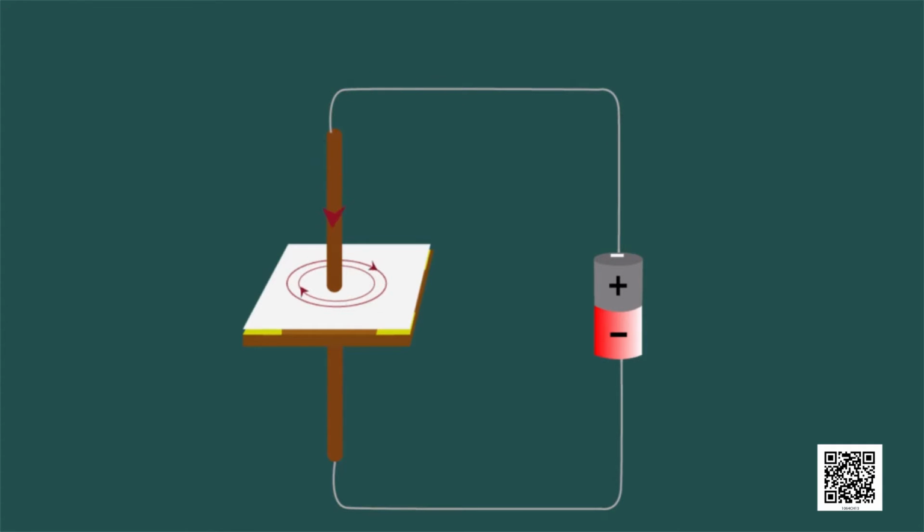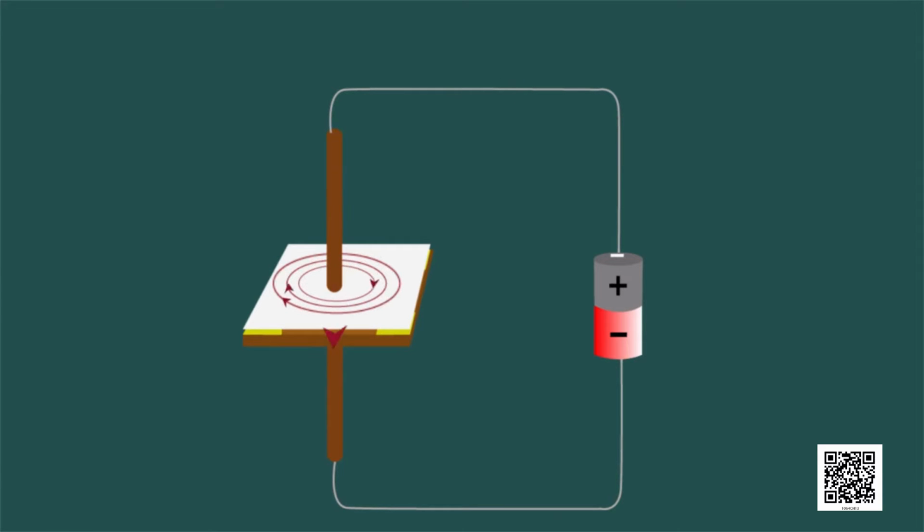To determine the direction of magnetic field lines, we can place a compass at any point over a circle. Observe carefully the direction of the needle. The direction of the north pole of the compass needle gives the direction of the magnetic field lines.